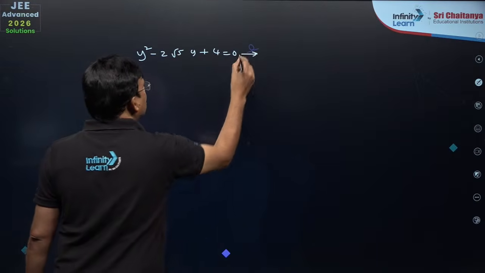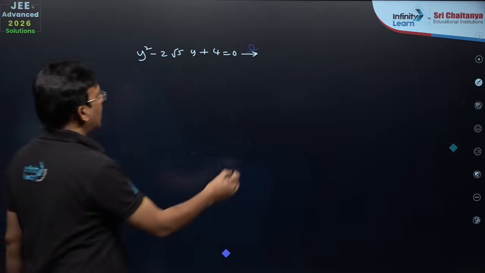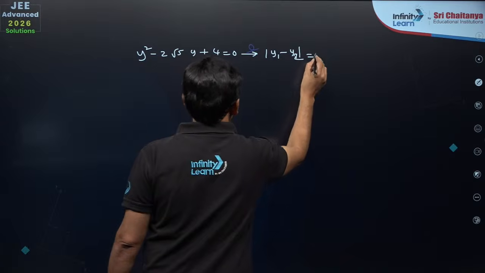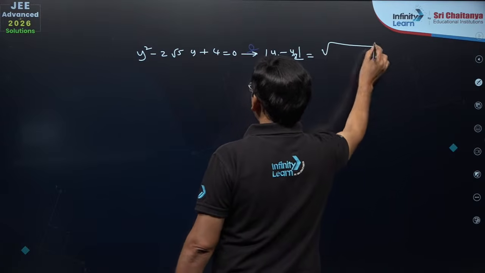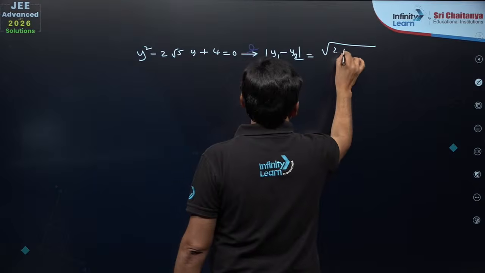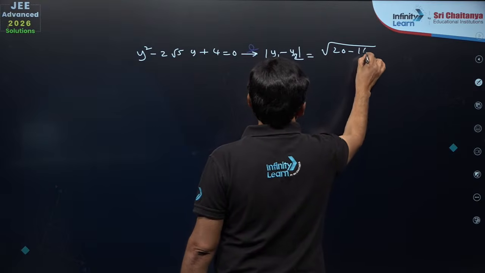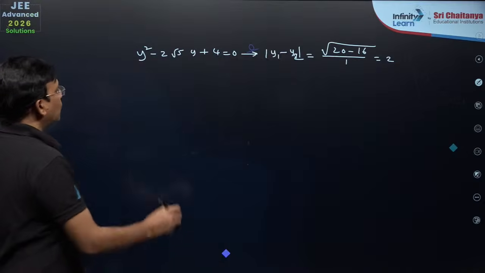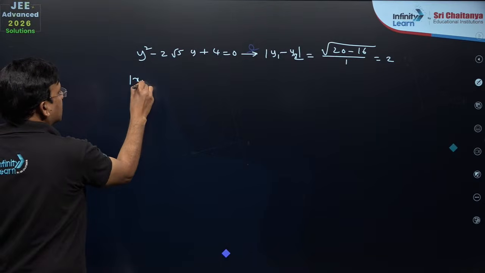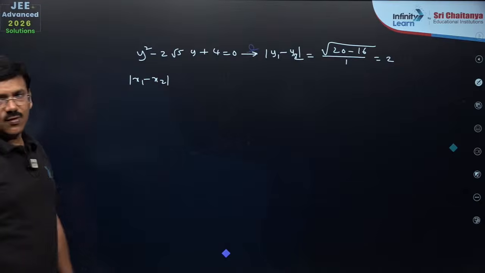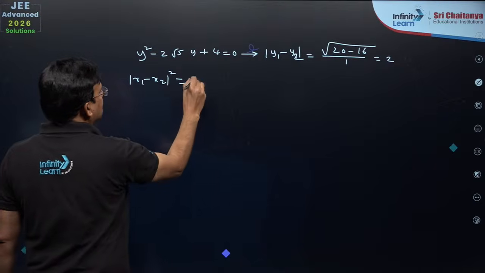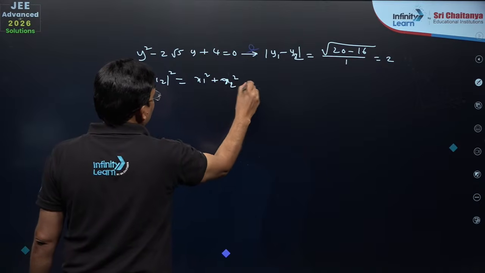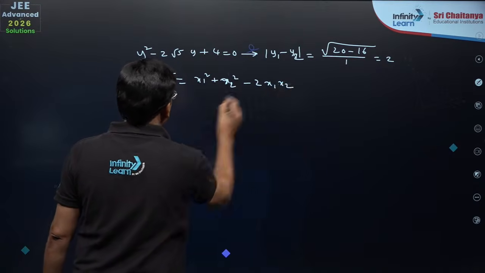Okay. From this you can find y1, y2, or the difference of roots: mod y1 minus y2 is equal to root of b square minus 4ac by mod a, which is 2. Similarly, you want mod x1 minus x2, because you want the distance between them. So you will get x1 square plus x2 square minus 2x1 x2.